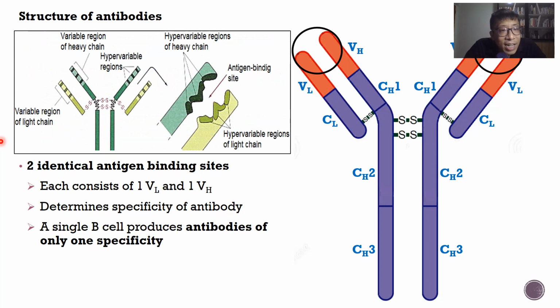Here is to show you the formation of the antigen binding site, with the variable region of the heavy chain and the variable region of the light chain. So it has a particular conformation, a particular shape that is specific to a particular epitope on different antigens.